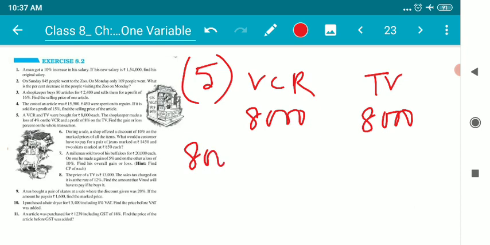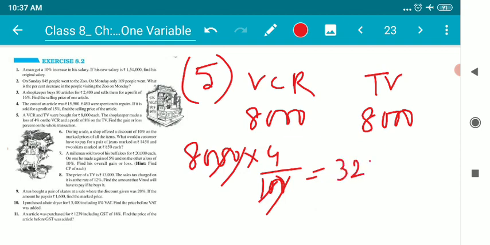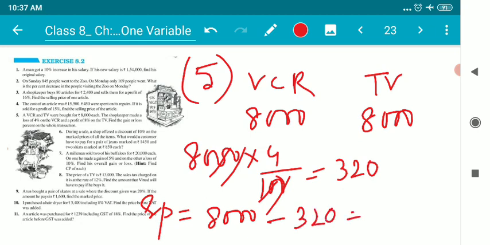Let us find out 4% of 8,000 in order to get the loss amount. 0 cancelled. 4% of 8,000 is 320. So the selling price is cost price minus the loss amount. 8,000 minus 320 will be how much, children?